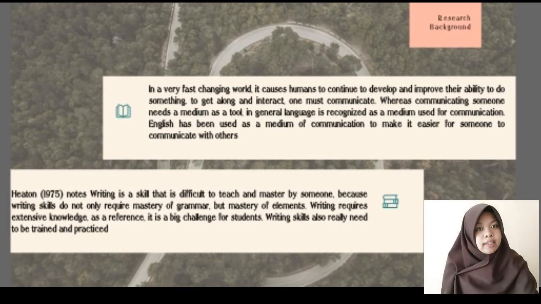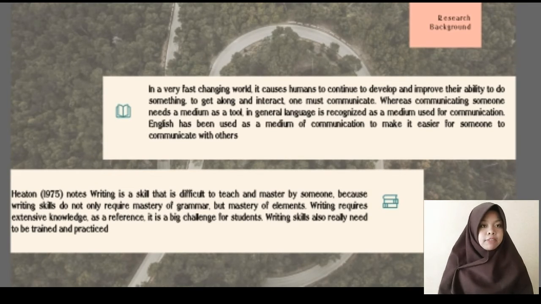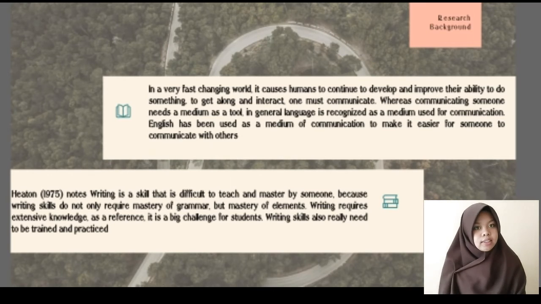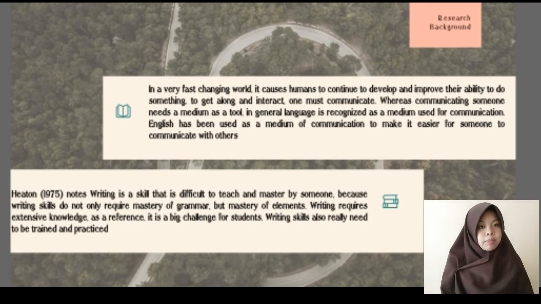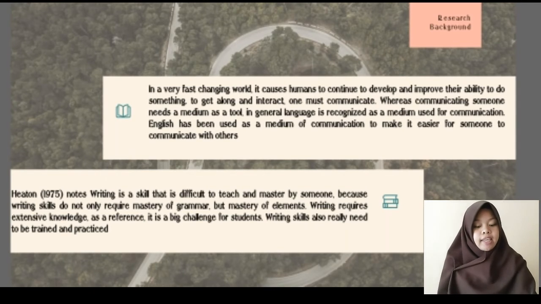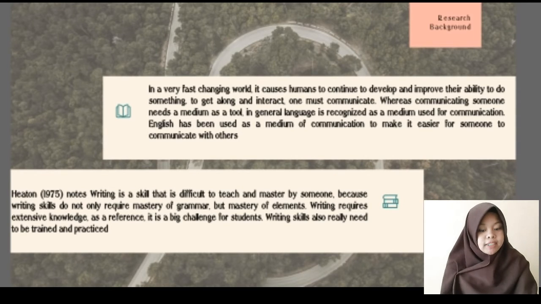They are listening, speaking, reading, and writing. Listening and reading are classified as passive skills, which means that students only receive materials. But writing and speaking are classified as active skills. Students must produce something in the learning process.